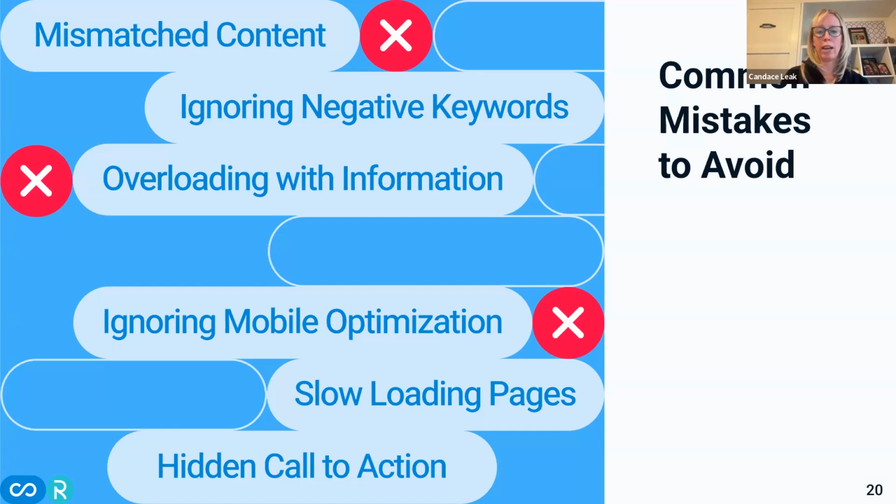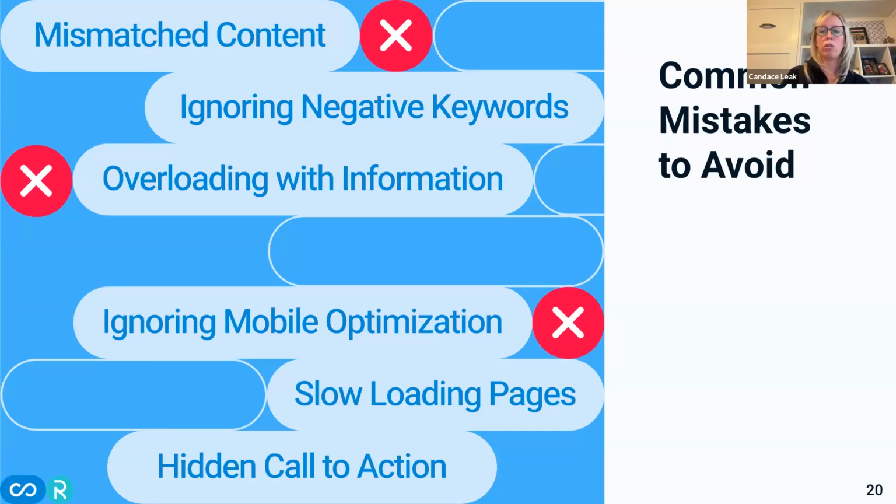Another one is ignoring negative keywords. You definitely want to exclude irrelevant terms to avoid wasting your budget. Just remember, it is in Google's best interest to spend your money. So they're going to show your ad for anything that their algorithm says is relevant. It's up to you to go in and, in your negative keywords, mark out things that are not relevant for your business, and then just spend the money on things that are relevant.